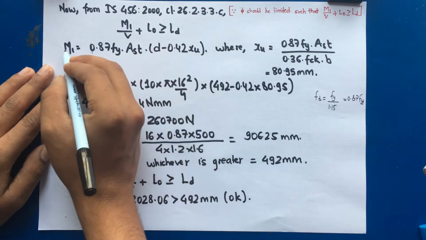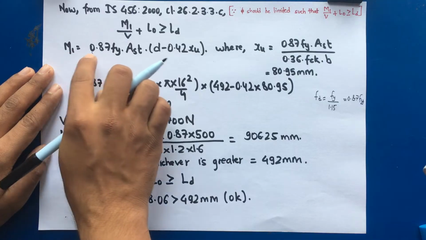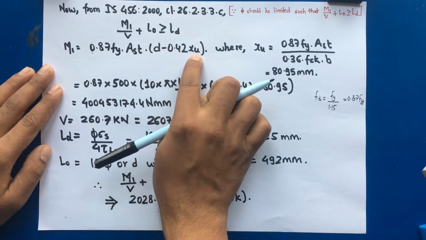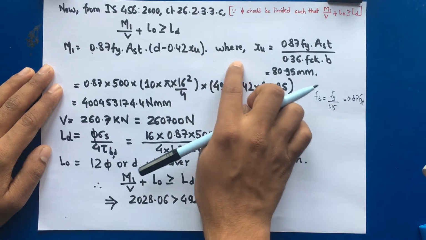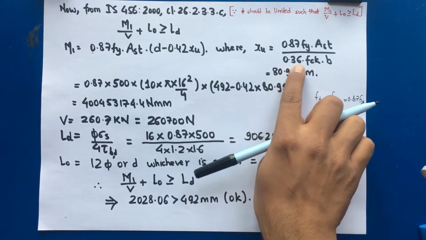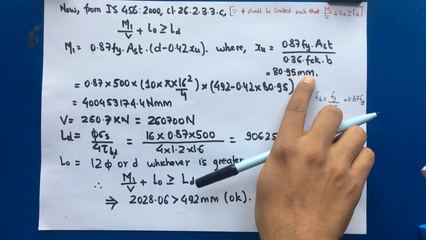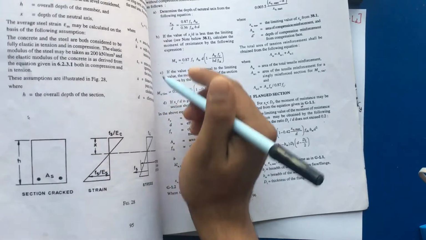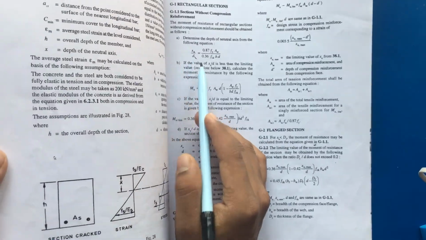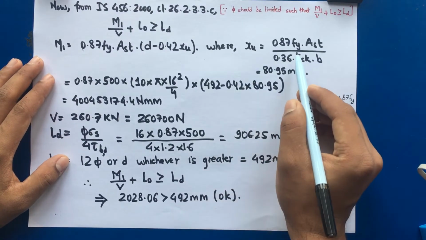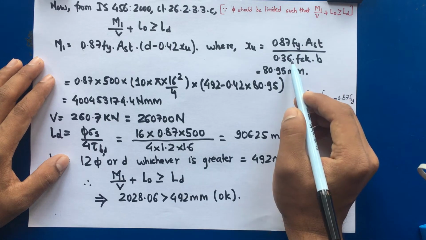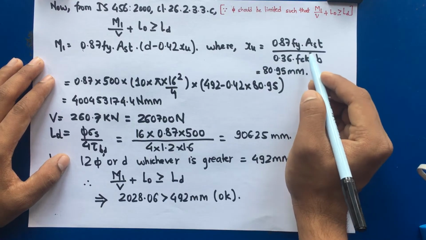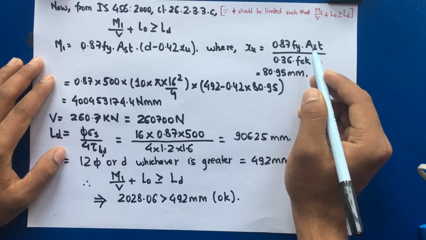Now the value of M1 is 0.87 Fy AST into D minus 0.42 XU, where XU is 0.87 Fy AST by 0.36 FCK into B. We can get this in Annex G of IS 456. Now substitute the values of Fy, AST, FCK and B. AST will be 2010, which we have provided for the longitudinal reinforcement at top.